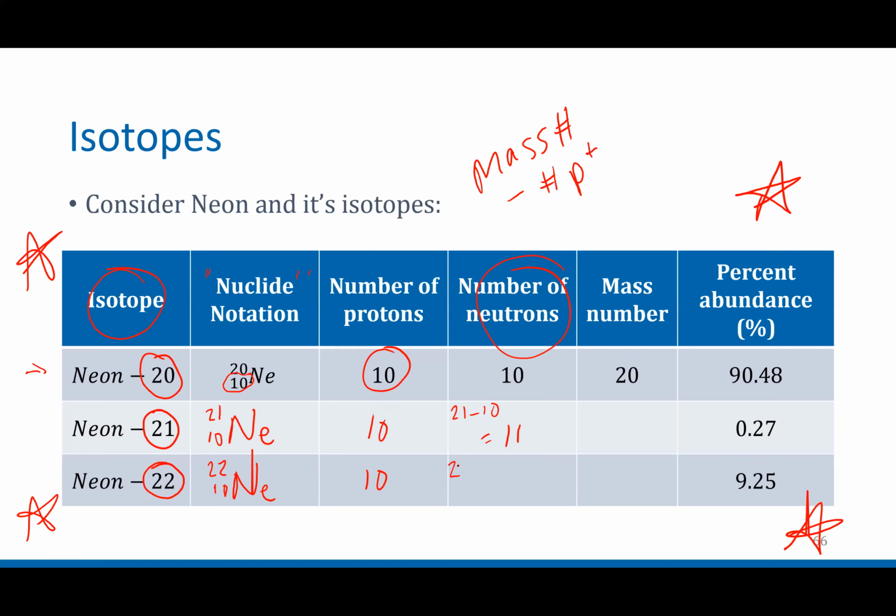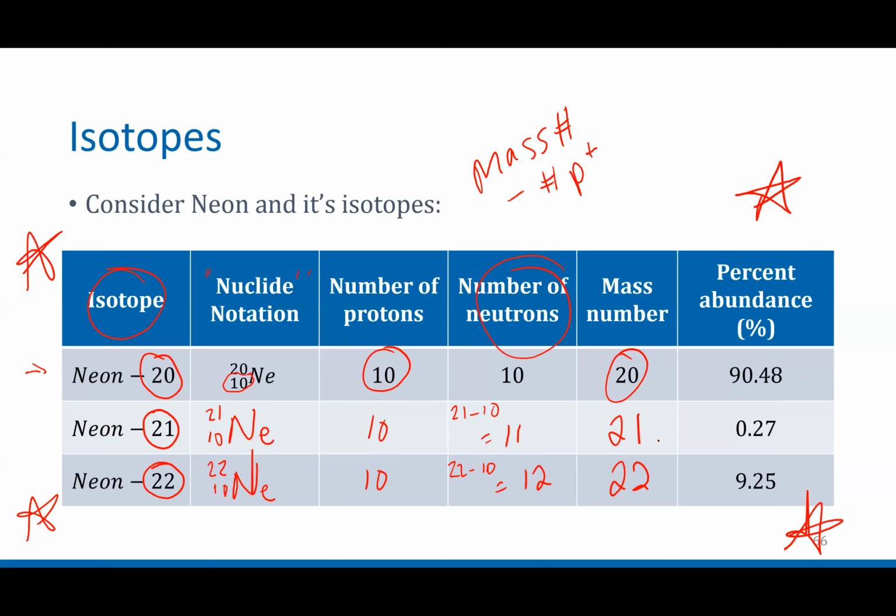Here, it would be 22 minus 10, which is 12. All right, cool. And then our mass number, of course, this is easy because it's the number written next to the word. So neon 20, neon 21, and neon 22. So I have all of my information there.